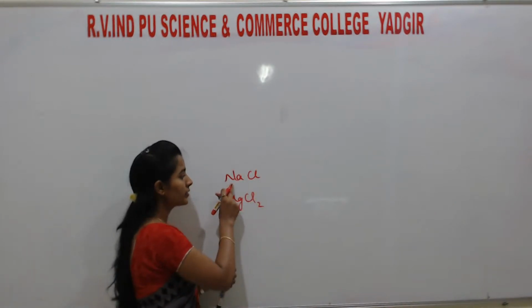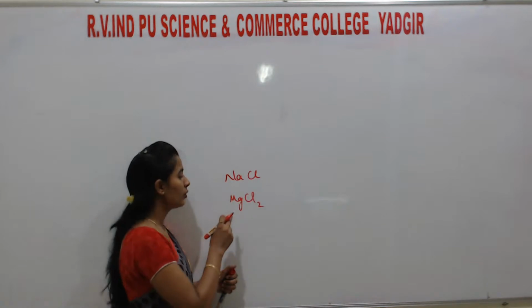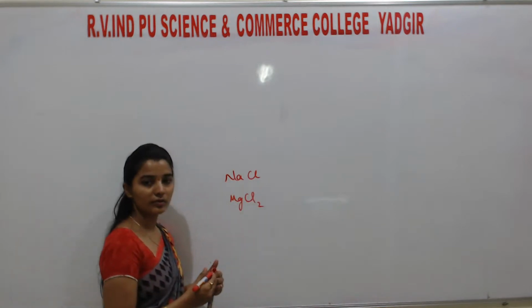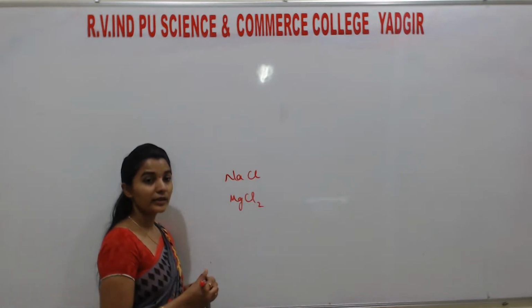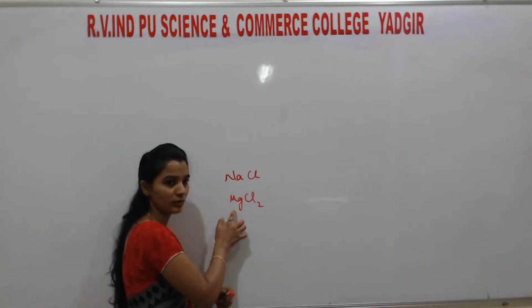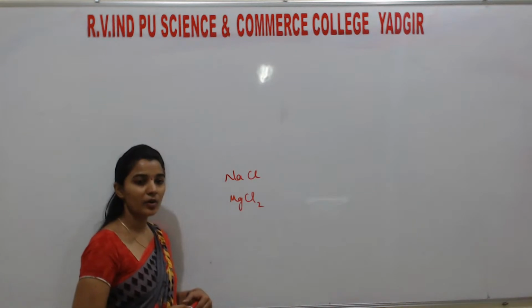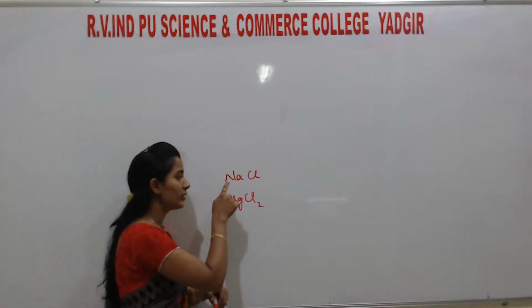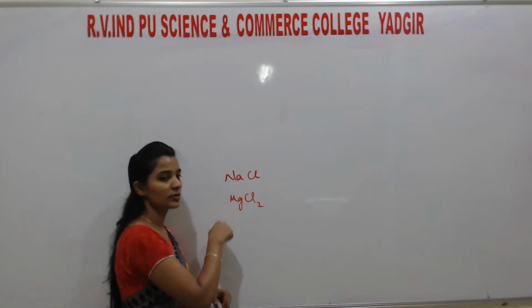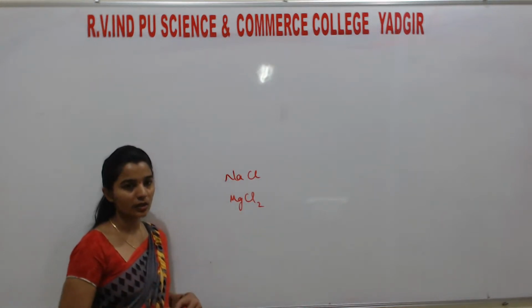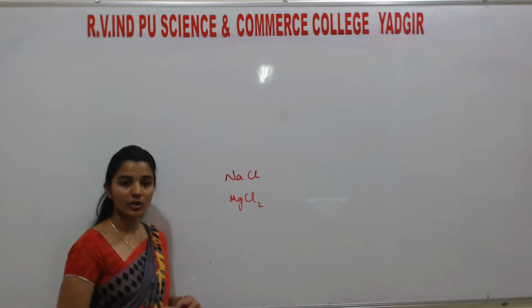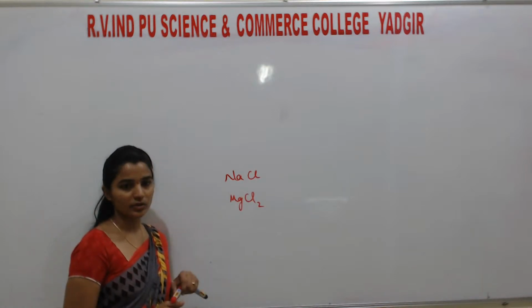Why is Na combined with only 1 Cl, and why is Mg combined with 2 atoms of Cl? That is decided by the oxidation state of these two, and that oxidation state is explained by the classification of the periodic table. Why it shows +1, why it shows +2, everything comes under the periodic table. Without knowing that, we can't answer chemistry.